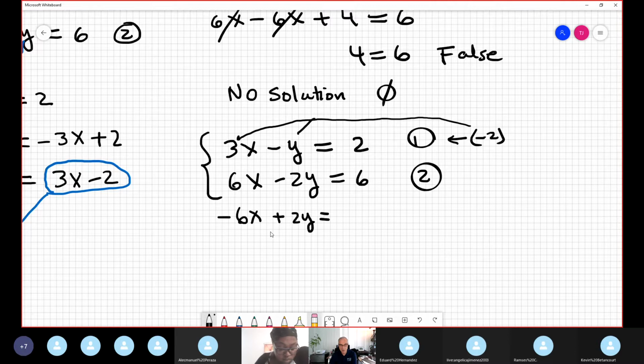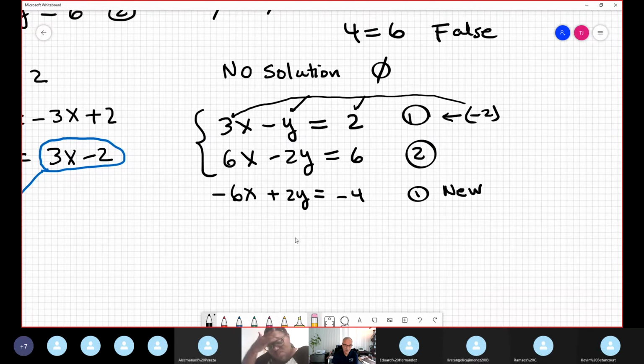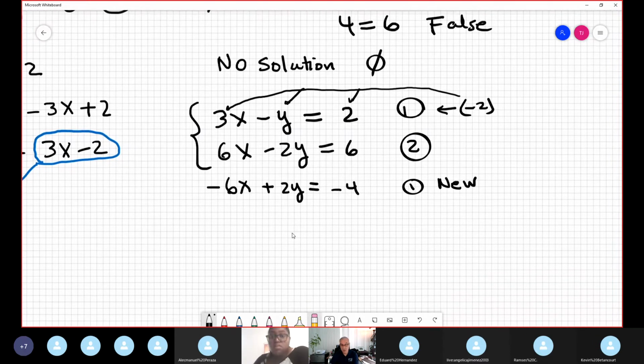And multiplying the whole thing, the right side is negative 4. This is a new equation 1, but it's equivalent to the original. When you multiply the equation of a line by any number, you get another equation. Apparently it's different, but no, it's the same, it's equivalent.